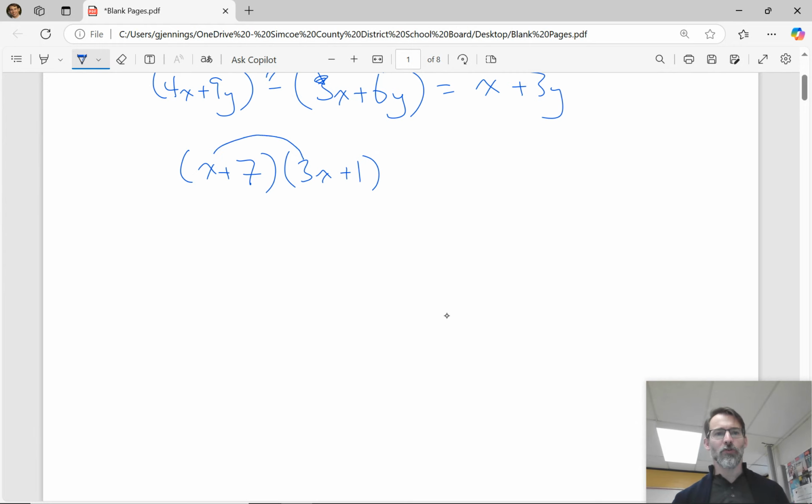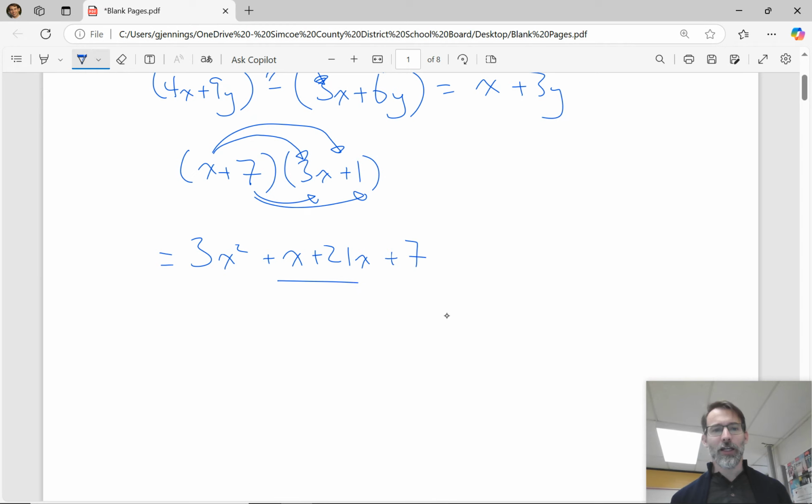I remember I use FOIL, so I do x times 3x, that equals 3x squared, two copies of x multiplying. x times 1 is x. 7 times 3x is 21x. And 7 times 1 is 7. Then I collect these like terms to get 3x squared plus 22x plus 7.